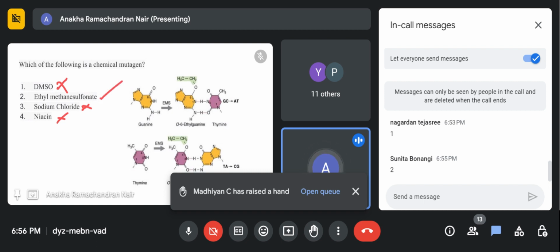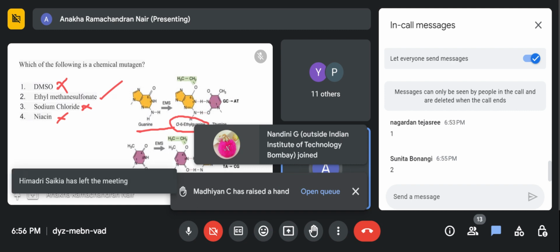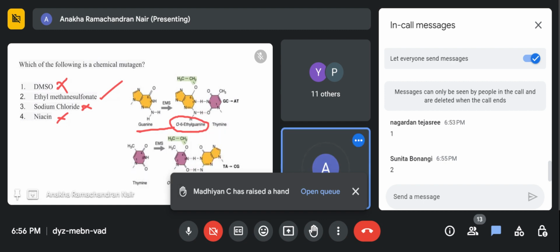As you can see here, when guanine reacts with ethyl methane sulfonate, it forms O6 ethyl guanine. The structure of that changes the guanine so much that instead of forming a GC bond like it normally will, it forms a GT bond. When the cell's repair system repairs this, it will recognize this ethyl guanine to be incorrect, like not meant to be in the DNA, but it will not know what the original sequence was.